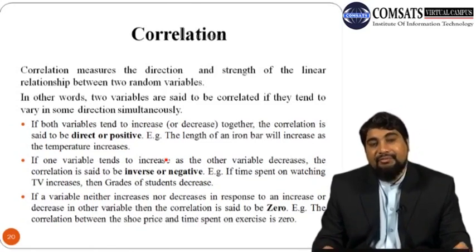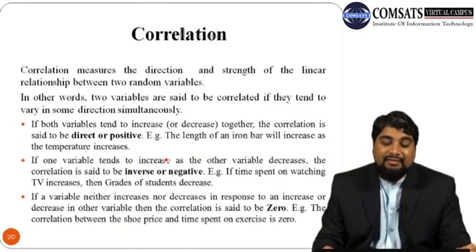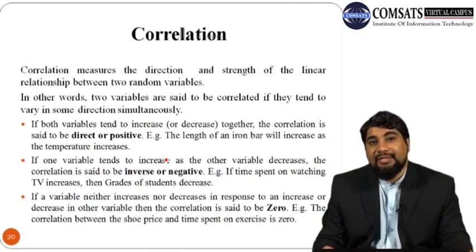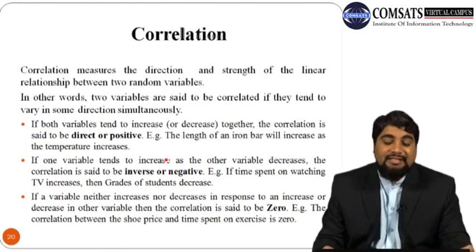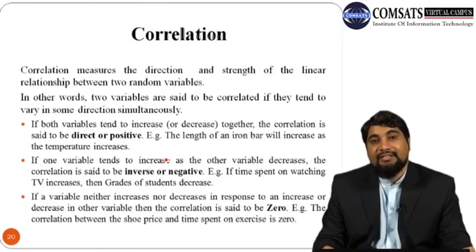But if one variable tends to increase as the other variable decreases, the correlation is said to be inverse or negative. For example, if time spent on watching TV increases, then the grades of students decrease.